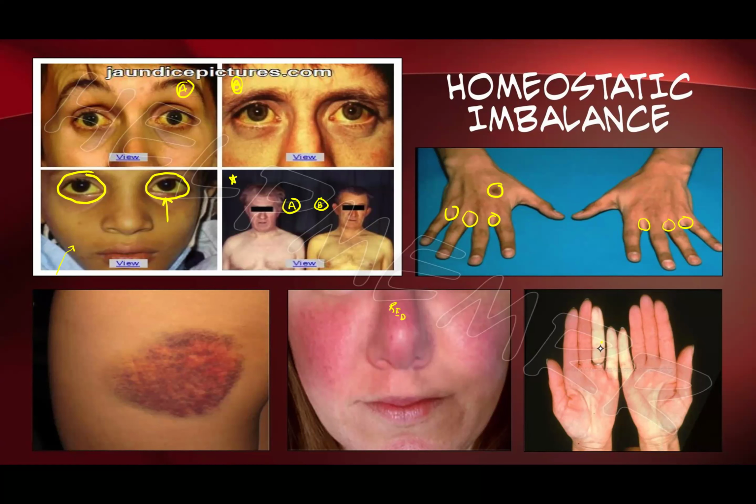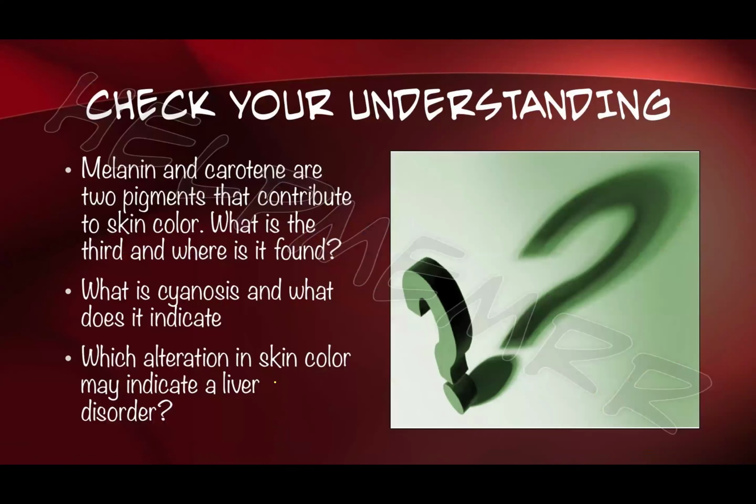Over here, we're seeing that pallor or blanching, the pale. And here we're seeing your black and blue. So these are just good examples, picture wise, of what we were saying.